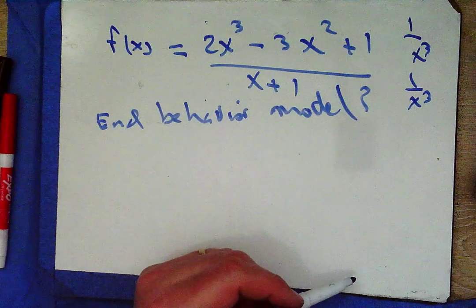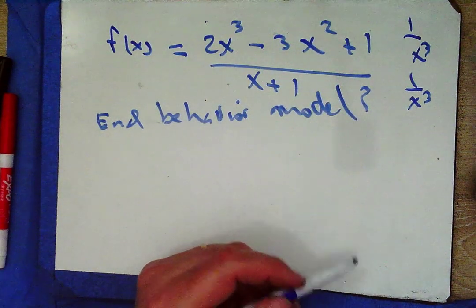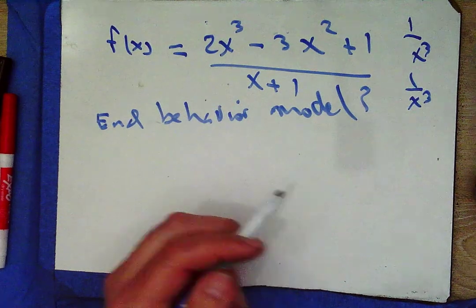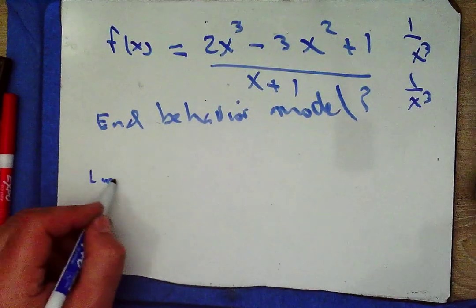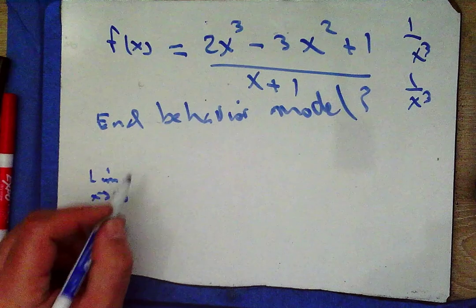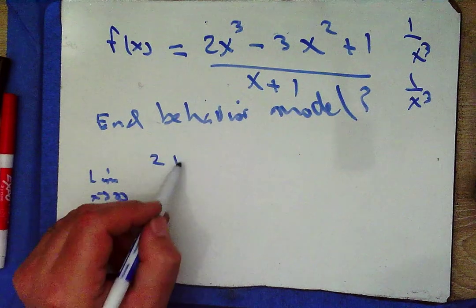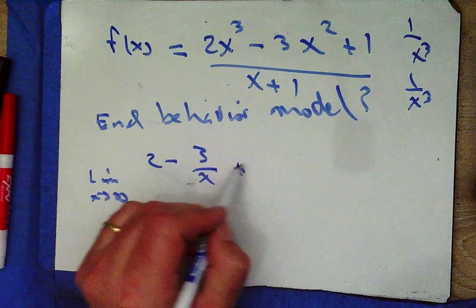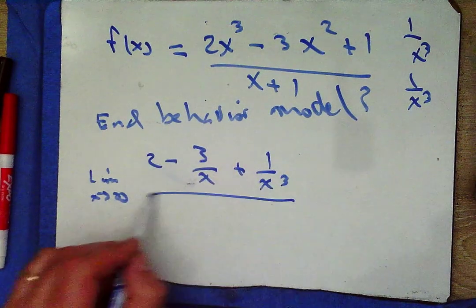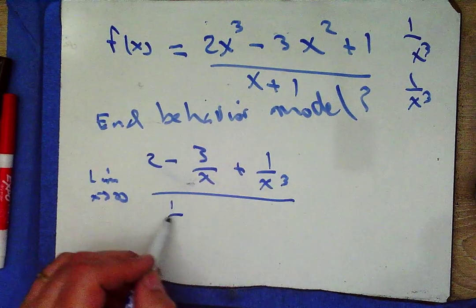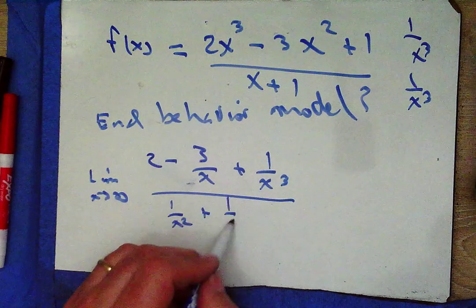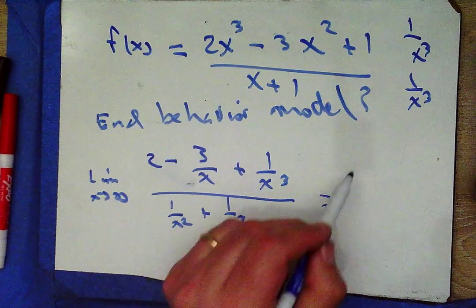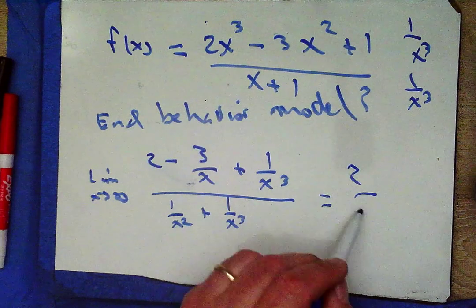And that can tell me the value of the limit to a degree, right? Because I'm going to have the limit as x heads to infinity of (2 minus 3 over x plus 1 over x to the third) over (1 over x squared plus 1 over x to the third). And here I get 2 over 0.